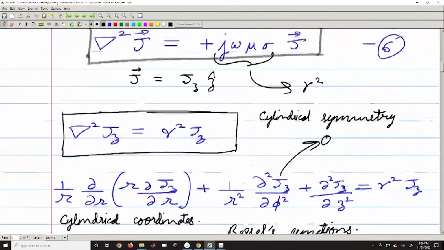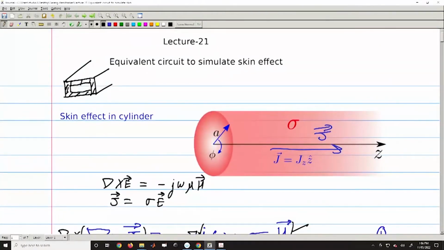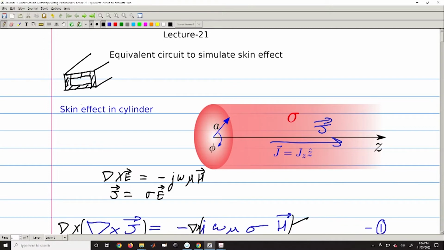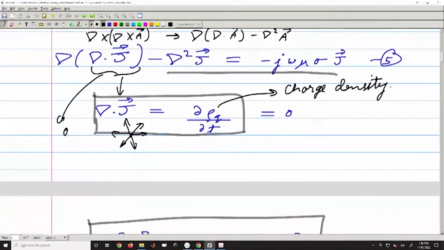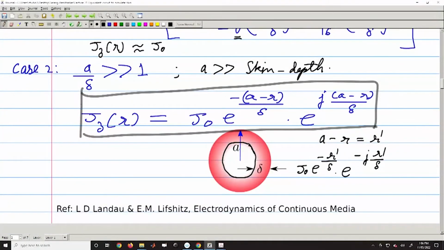In a more practical scenario where you have a cross section of this form, you would more or less get this profile. To exactly solve for this effect, you will require a full wave simulation, where you would be discretizing this geometry and then computing the current distribution on each of these elements.